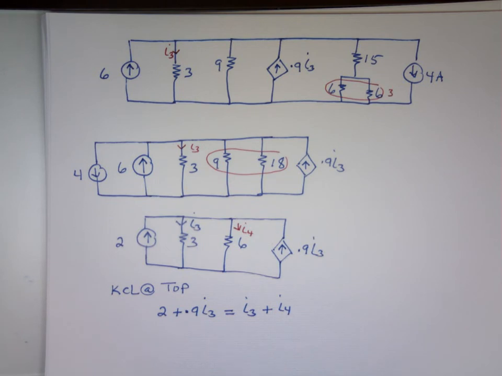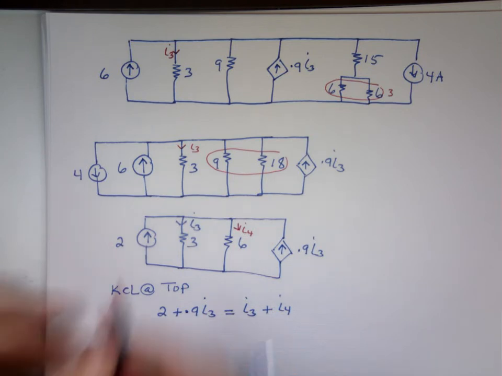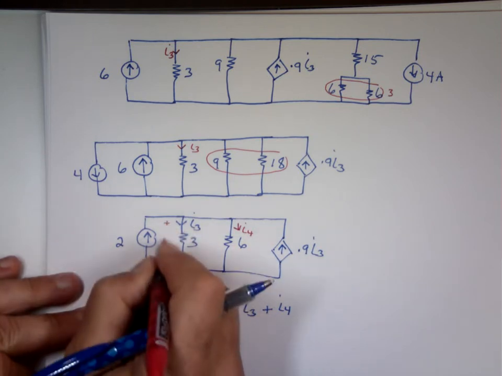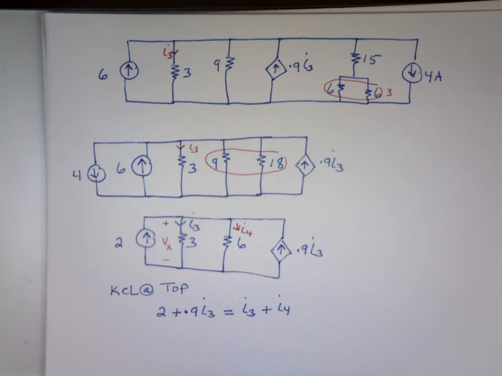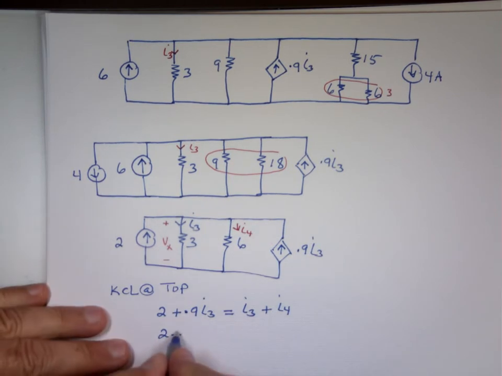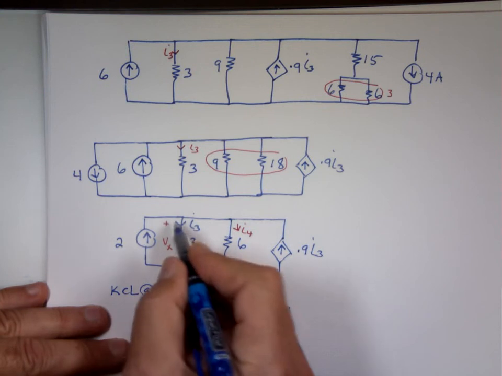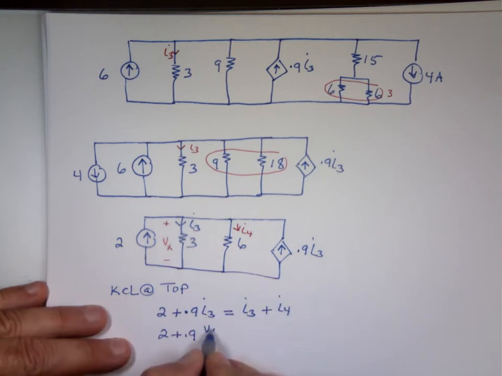But they're connected how? In parallel. They have the same voltage across them. What's the voltage across them? Let's call it Vx. So here we go, 2 plus 0.9. What's I sub 3? Vx divided by 3. What's I sub 4?